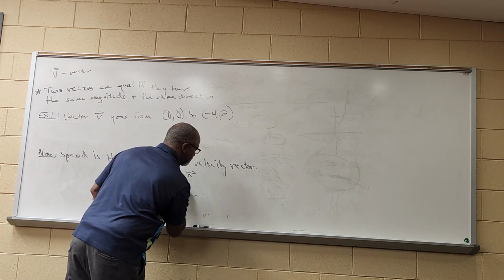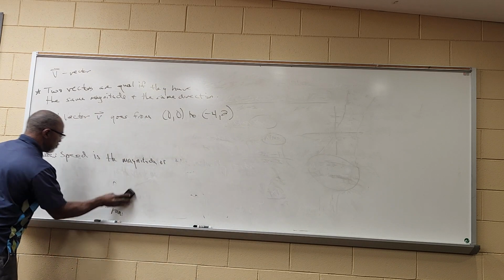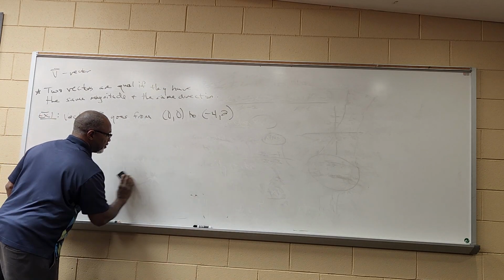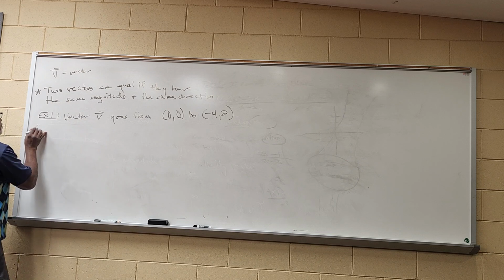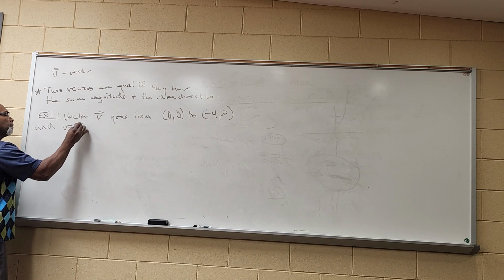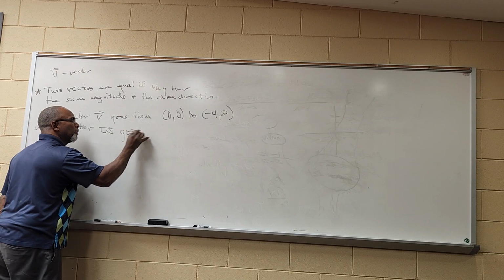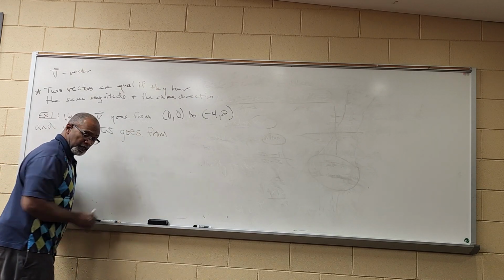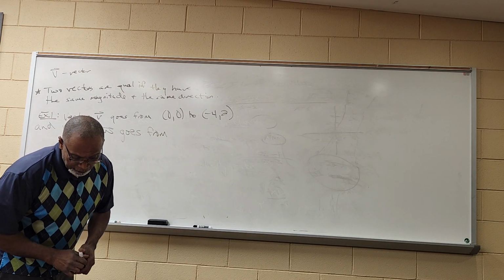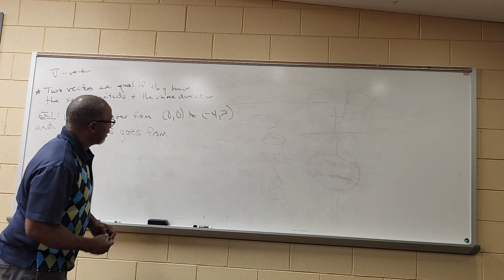They also say vector W goes from, they give me 2 points for vector W. They say 1, 3 to negative 3, 5.